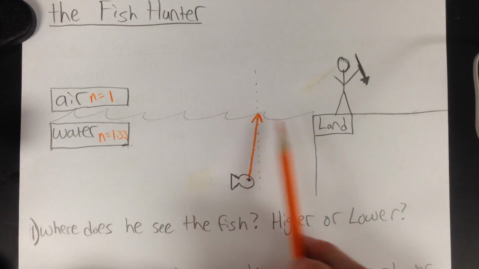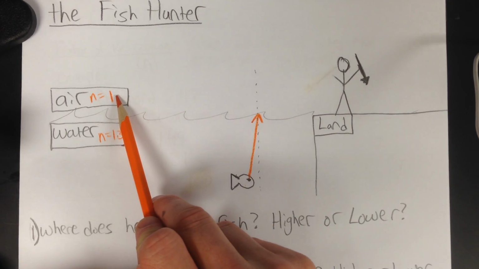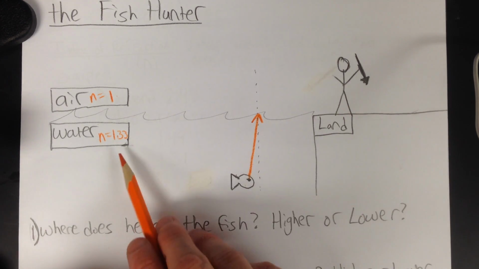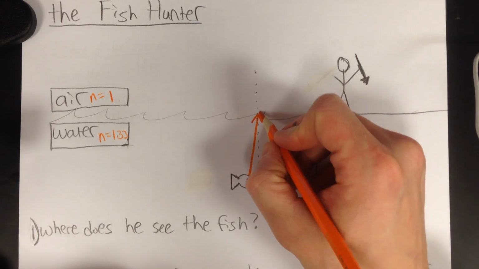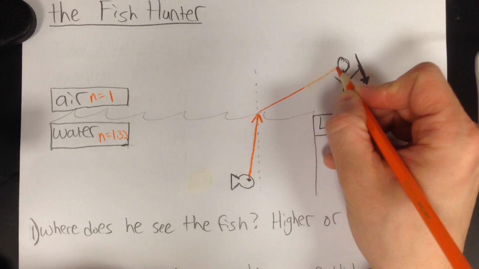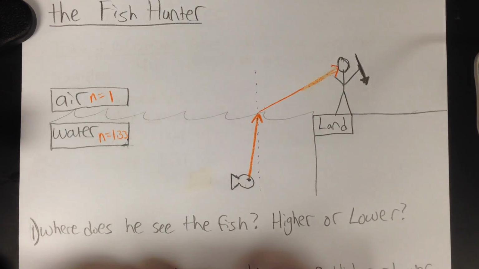And then when it exits the water, it goes from a high to a low index of refraction. So how does it bend? Into the air is a lower index of refraction, so it bends away from the normal line and straight into his eye.